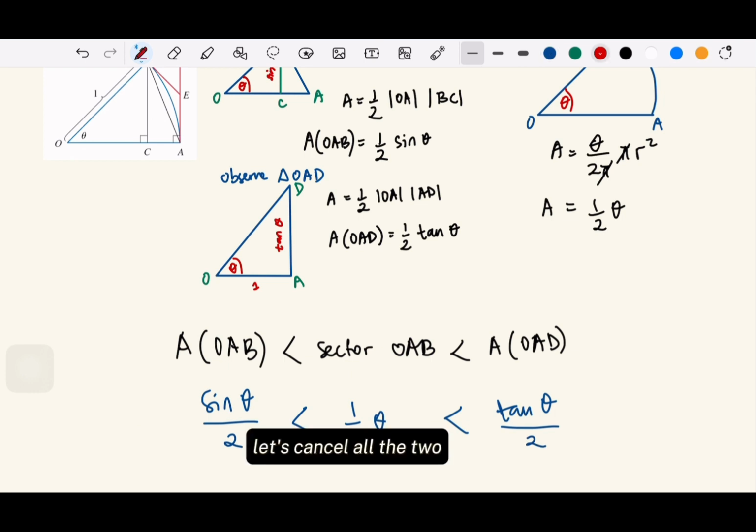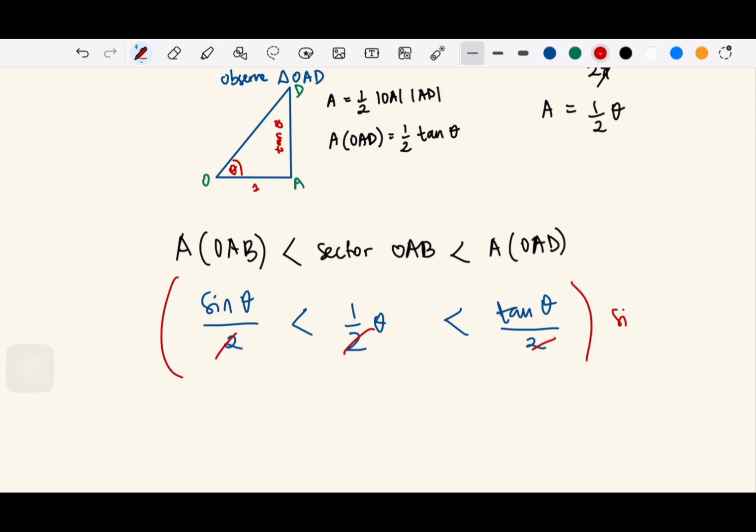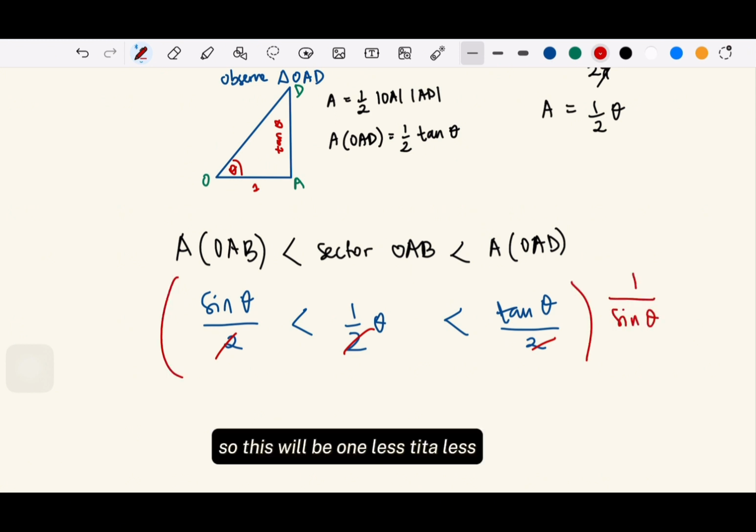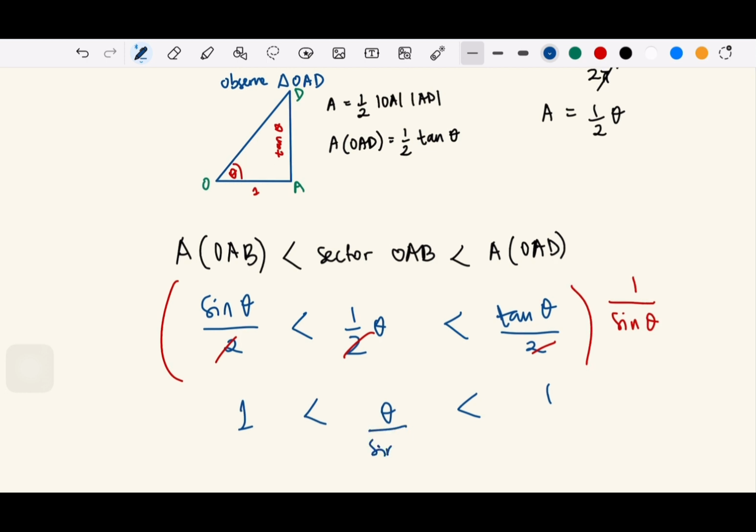Let's cancel all the 2, and then let's divide by sine. So this will be 1 less than theta over sine, sorry, less than 1 over cos.